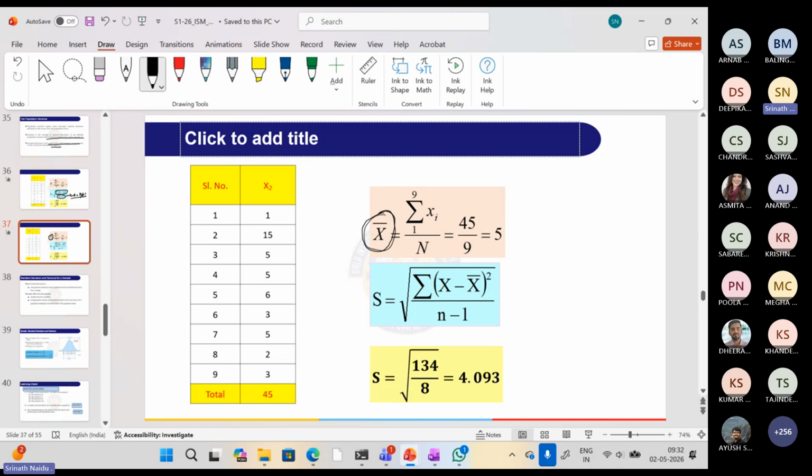So x bar is essentially an uncorrupted measure of the population mean. If I take the sum of all of the sample values divided by n, sometimes the population mean is to the right of it, sometimes it's to the left of it, etc. But in statistical terms, it's an unbiased estimate of the population mean.